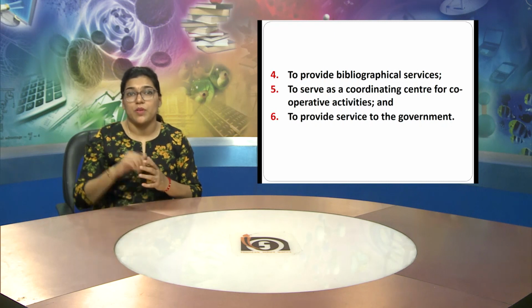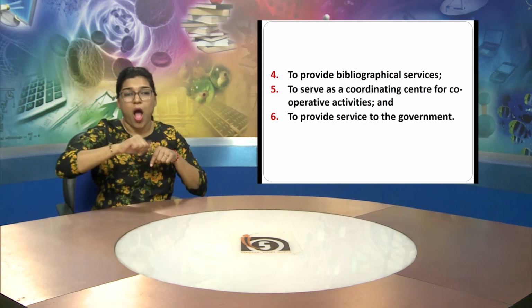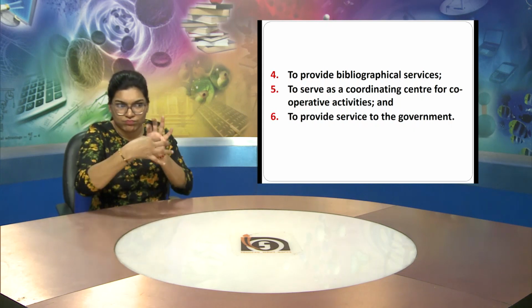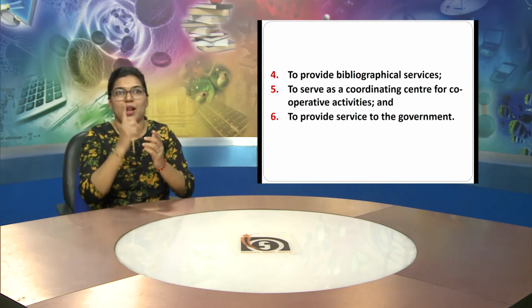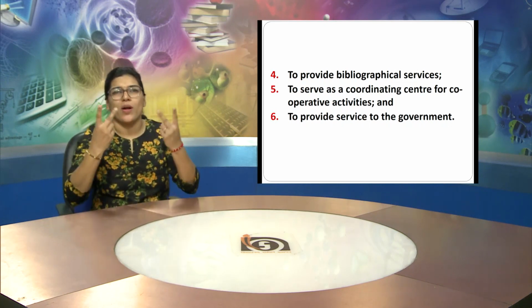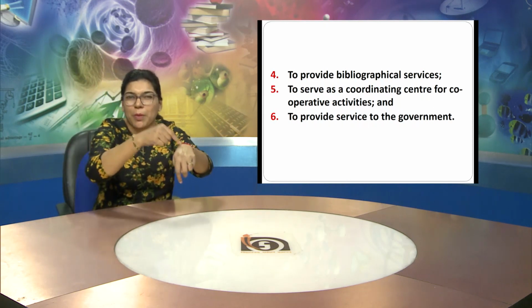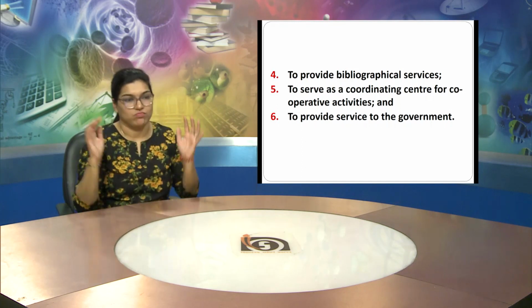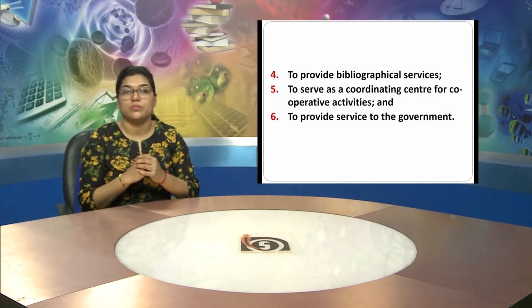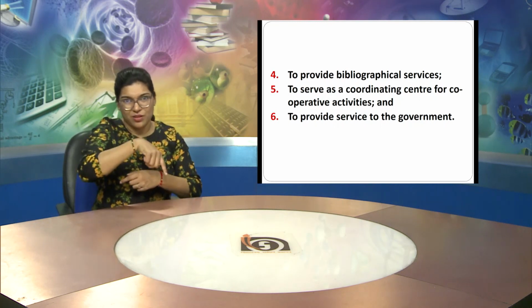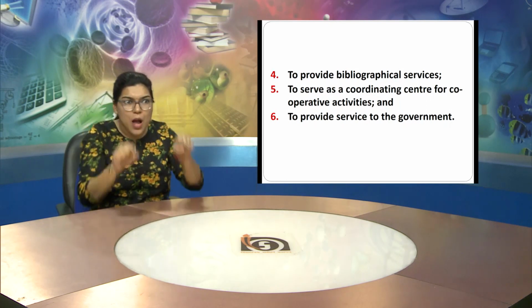The fifth objective can be to serve as a coordinating center for cooperative activities. And the sixth objective of National Library is to provide service to the government.